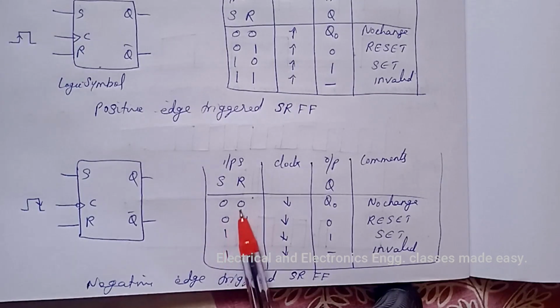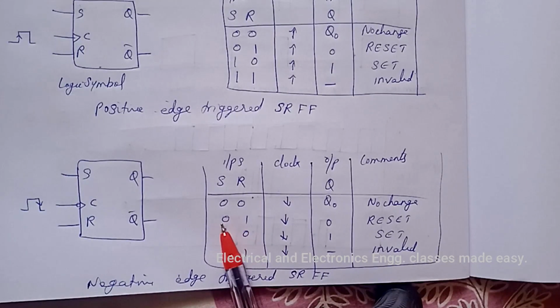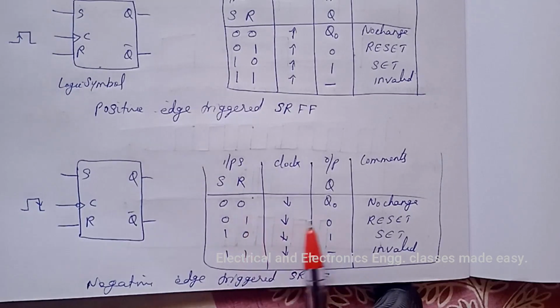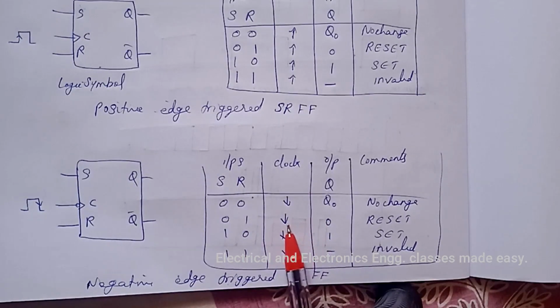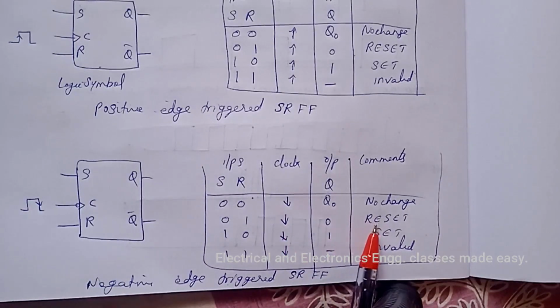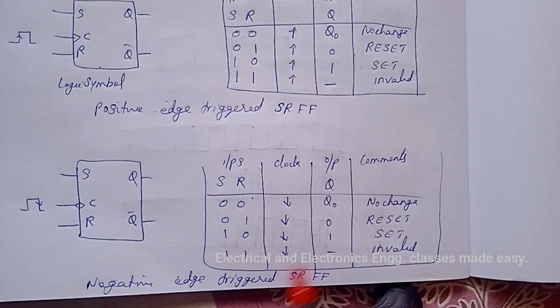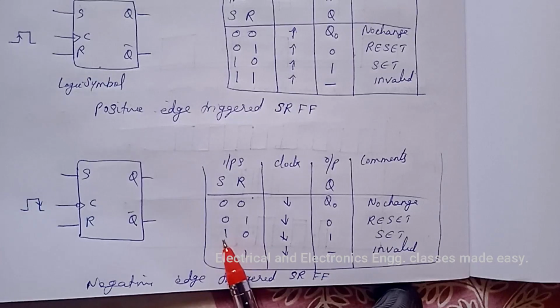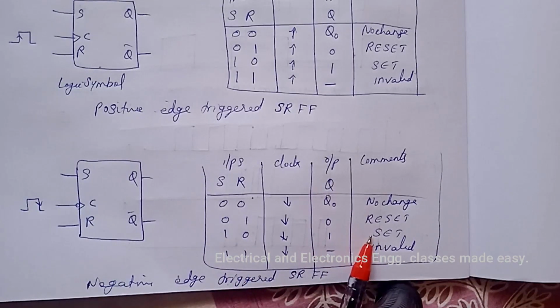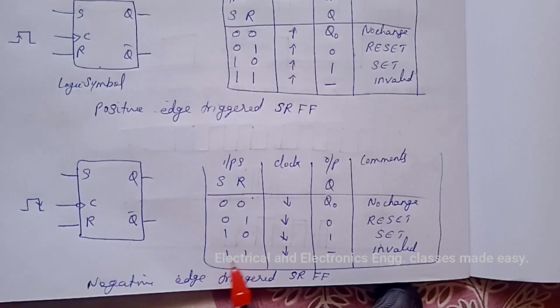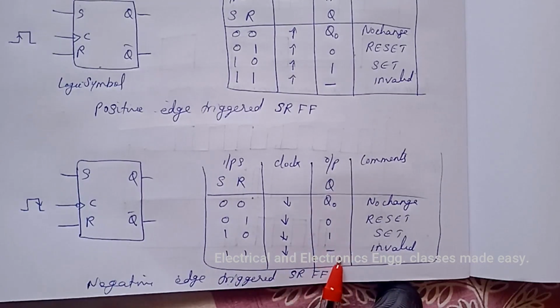When S is 0 and R is high, on the negative edge of the clock pulse, then the flip-flop is in reset state. When S is high and R is low, then set state. And when both S and R are high, then invalid state.